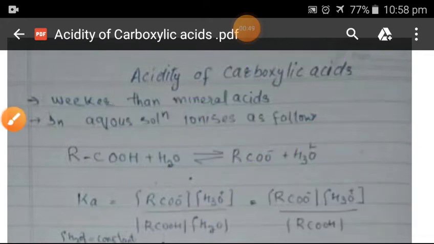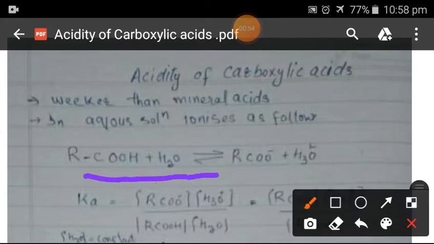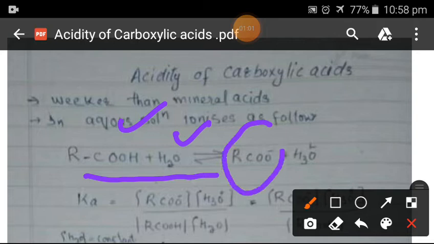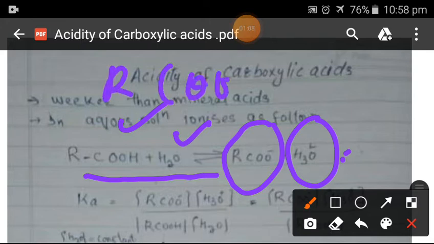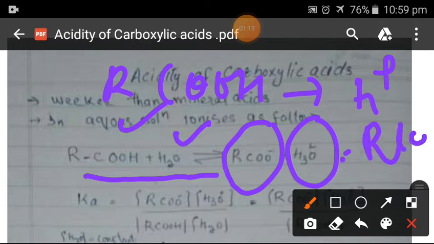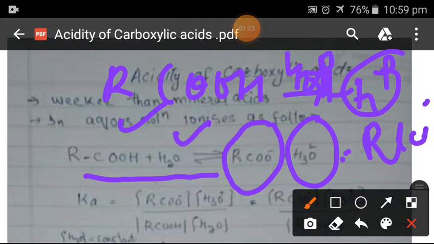Carboxylic acids, in aqueous solution, get ionized to give a proton in the solution. For example, a carboxylic acid in aqueous solution gives a carboxylate anion and gives the proton in the form of H3O positive. This H3O positive is formed when RCOOH gives H positive plus RCOO negative. The H positive combines with water, so it becomes H3O positive.